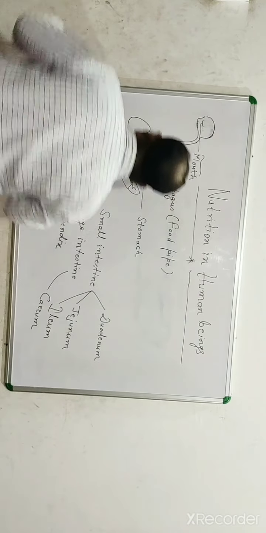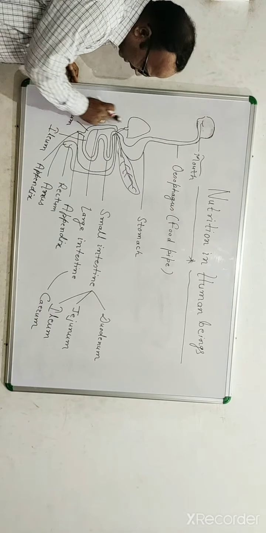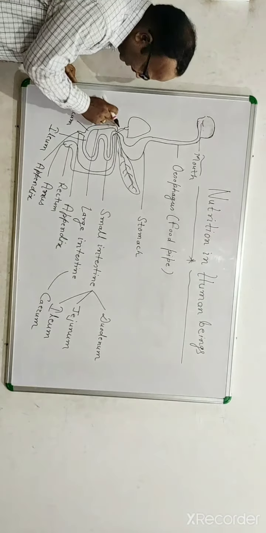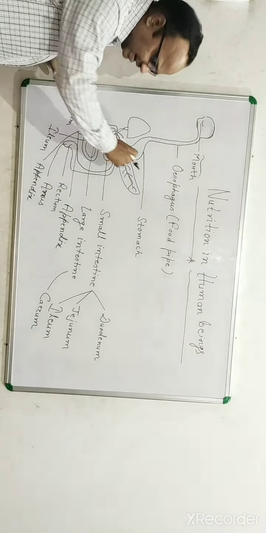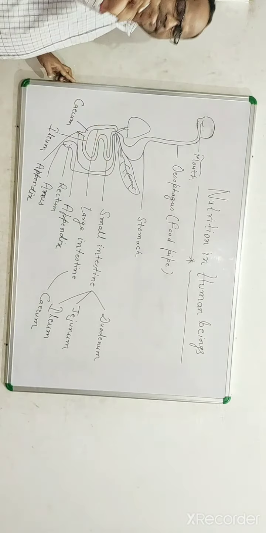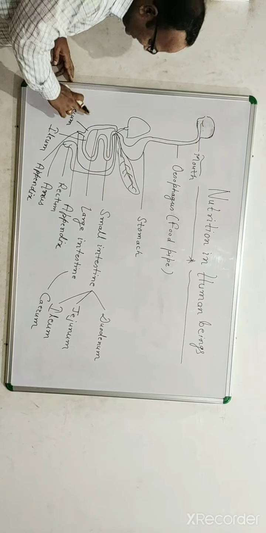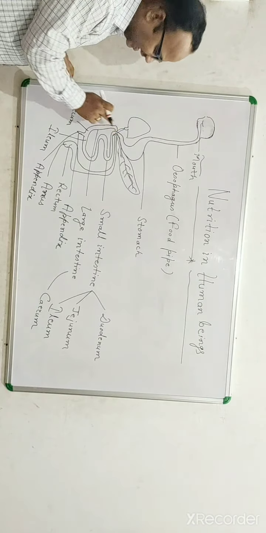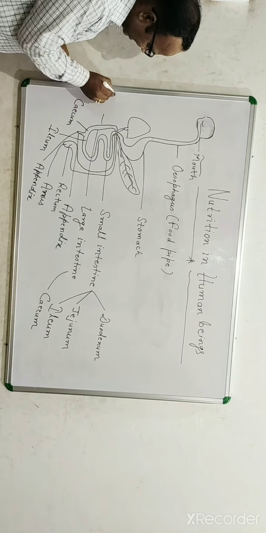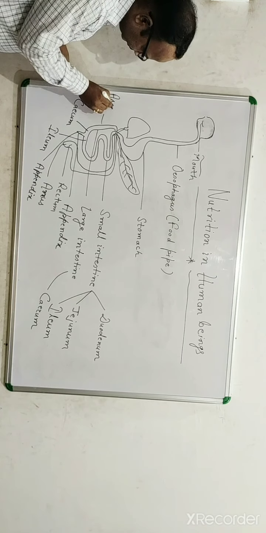After the cecum, the part of the intestine which goes upward, then horizontal and again downward, is collectively called the colon. As it goes upward, it is called the ascending colon.